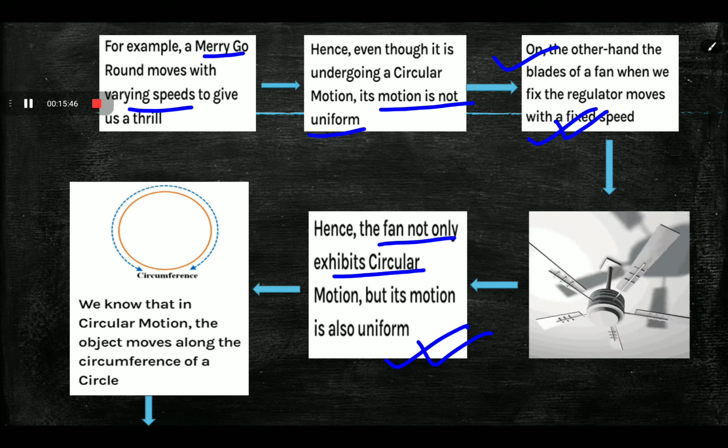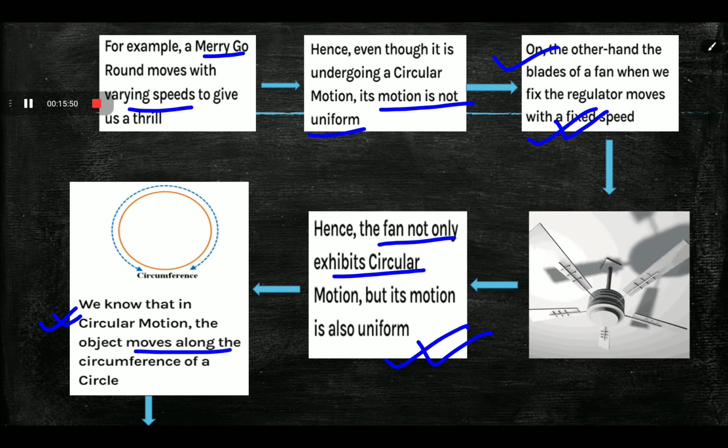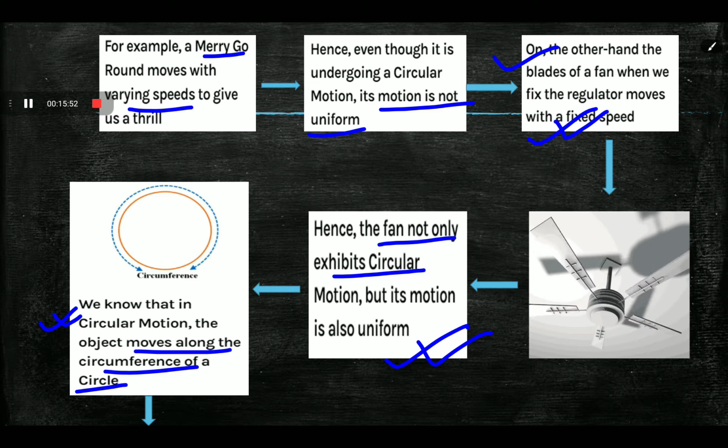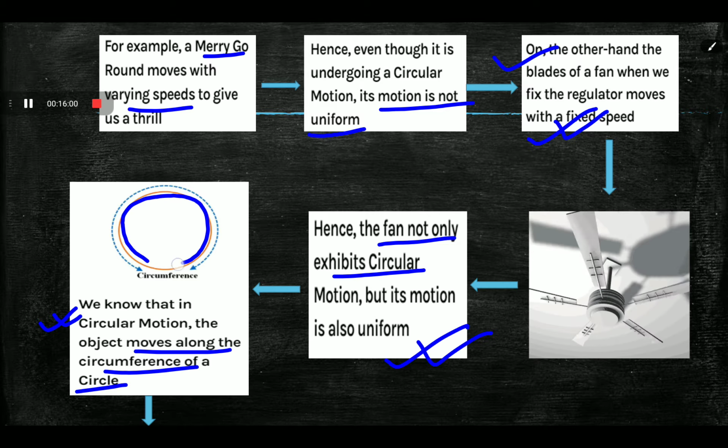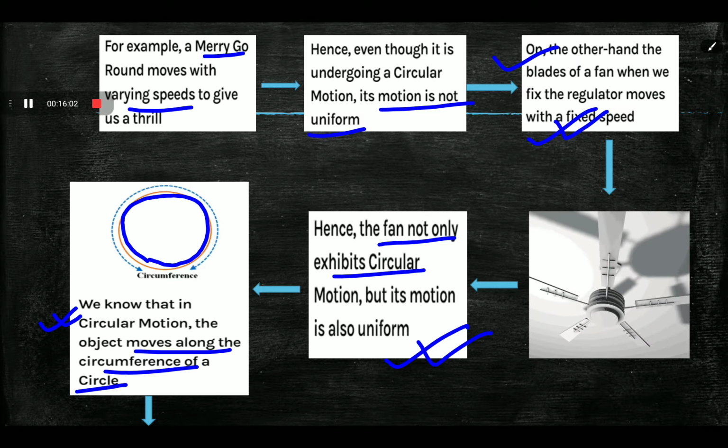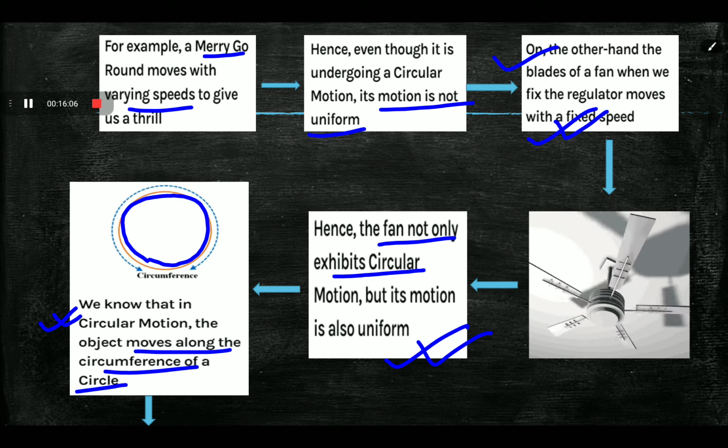Now, we know that in circular motion, the object moves along the circumference of the circle. Here there is a circular path, and when the object moves along the circumference of the circle, then we say that the object moves in circular motion.